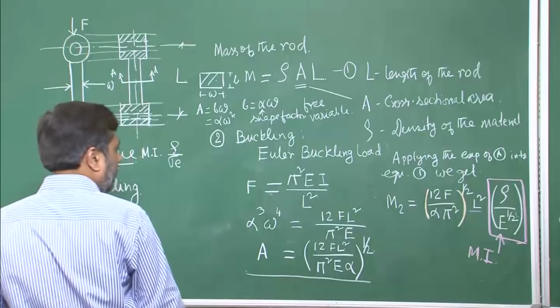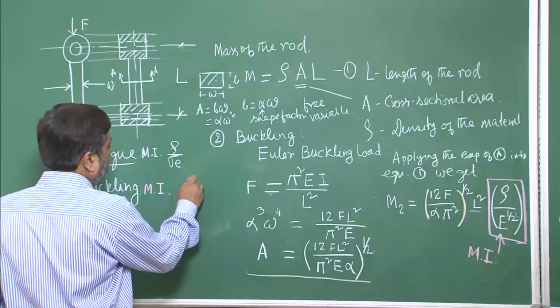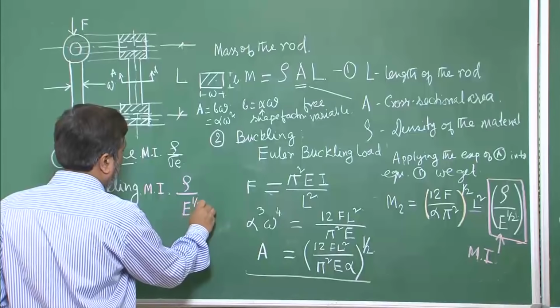So we can write that from here the material index that we are getting is rho over E to the power half.